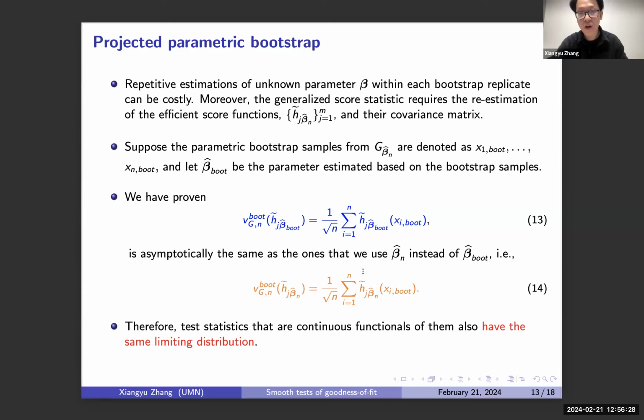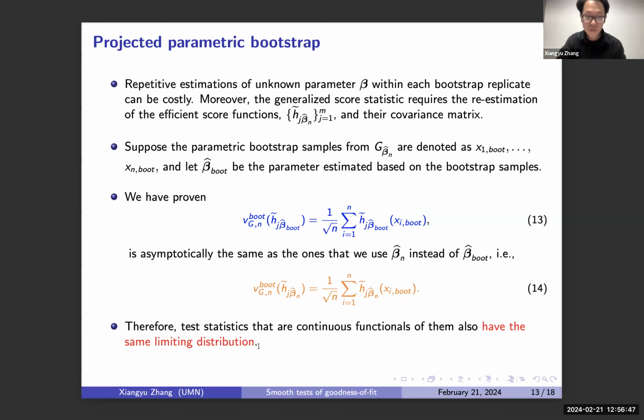They will be asymptotically the same. Therefore the test statistics based on these processes, for example a sum of squares or others that are continuous functionals of them, will have the same limiting distribution.